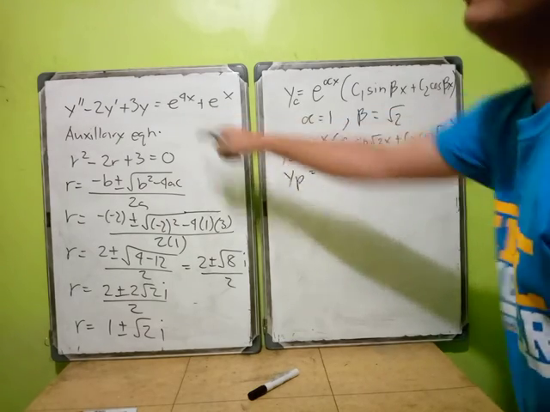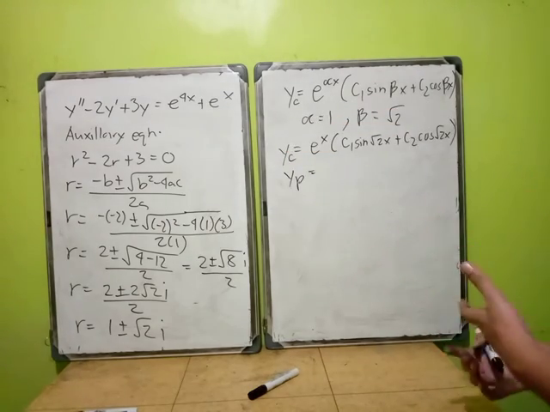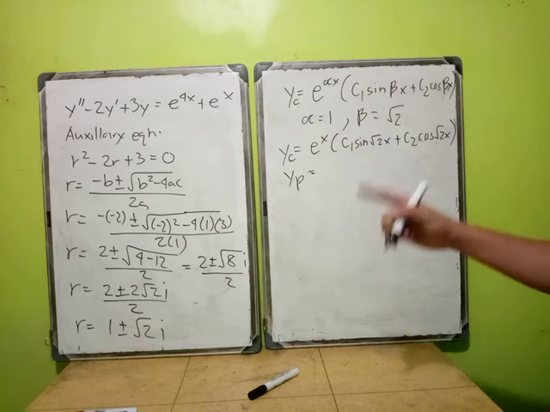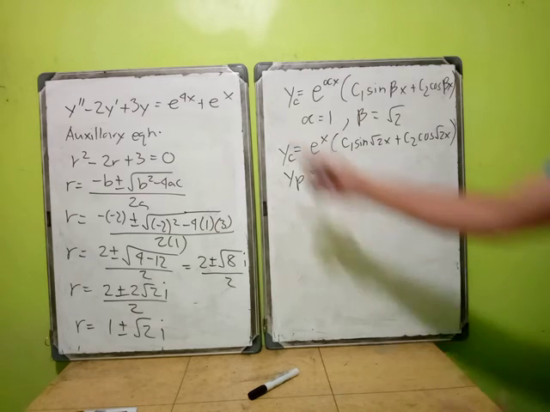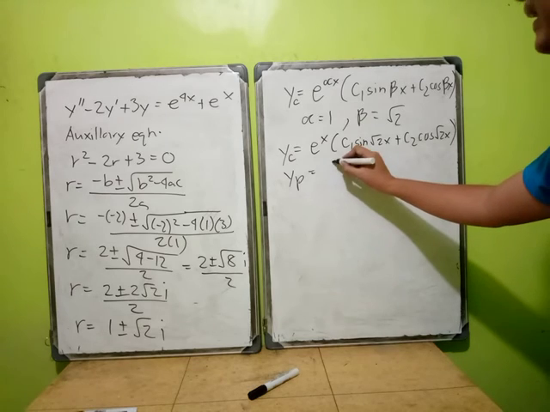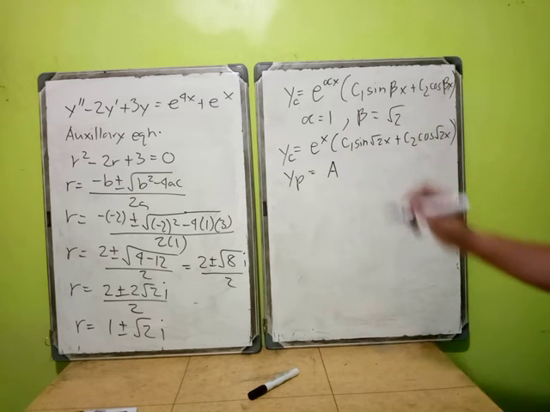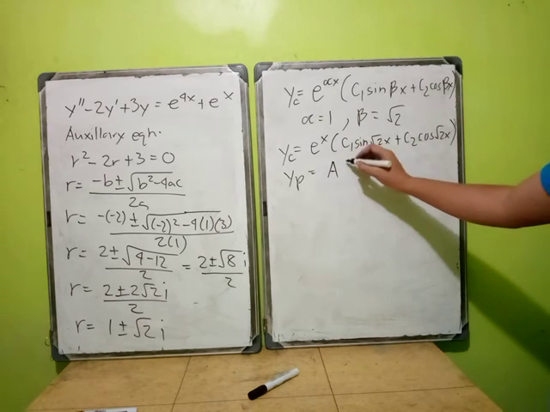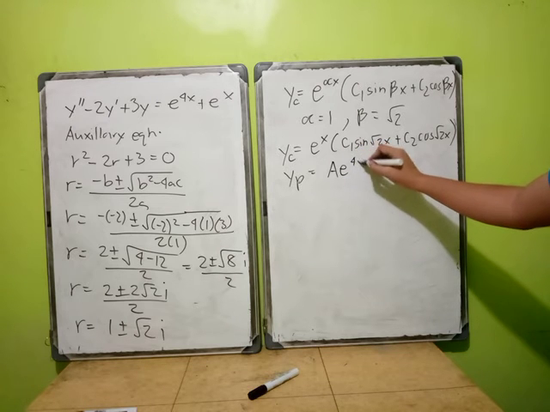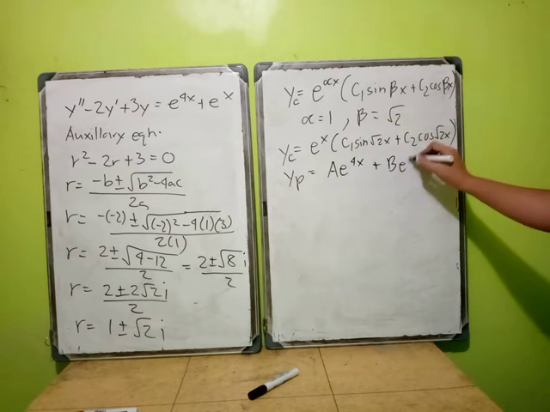So what about yp? Okay, so we have e to the power of 4x plus e to the power of x on the right side. So we just combine. We could assume undetermined coefficients: a e to the power of 4x plus b e to the power of x.